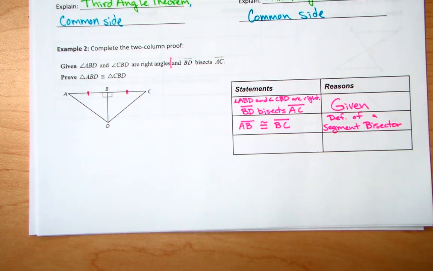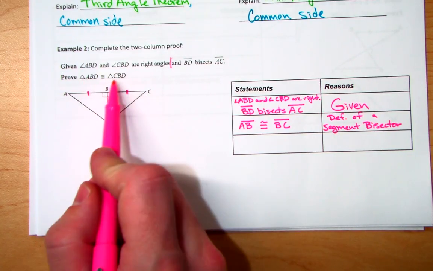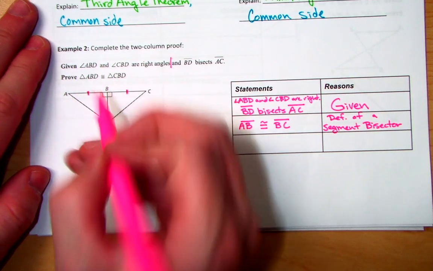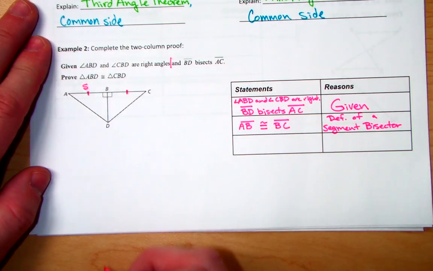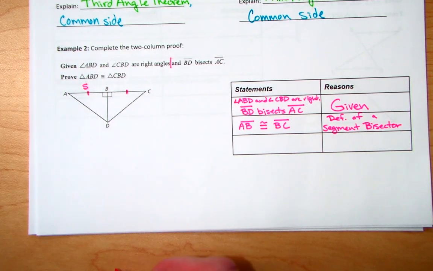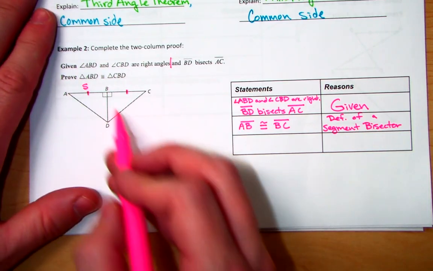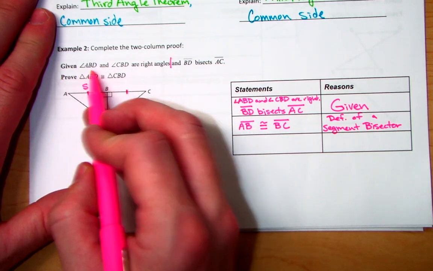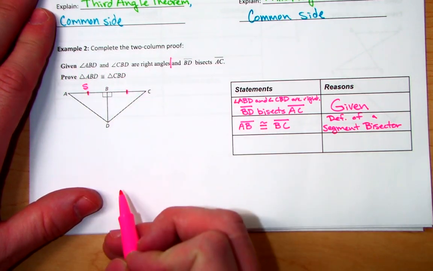Now, again, we are trying to prove that these two triangles are congruent. So we're trying to lead into a side angle side situation. We've shown that they have this one side in common, but now I need to find one more side and the included angle to be congruent to use that side angle side theorem. Now they told us that angle ABD and angle CBD are right angles.